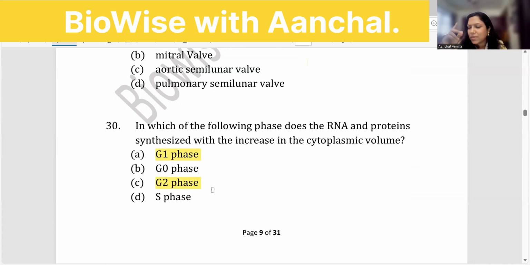So for this question there will be two answers, G1 or G2 phase. But if you have to choose in your examination and there is a confusion, pay more attention to the G2 phase, because in both phases you have RNA and protein synthesized. I'm sorry for this question.